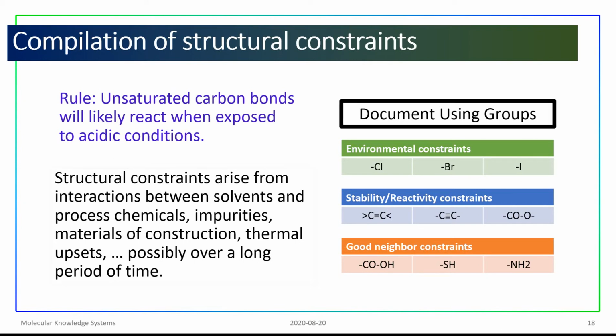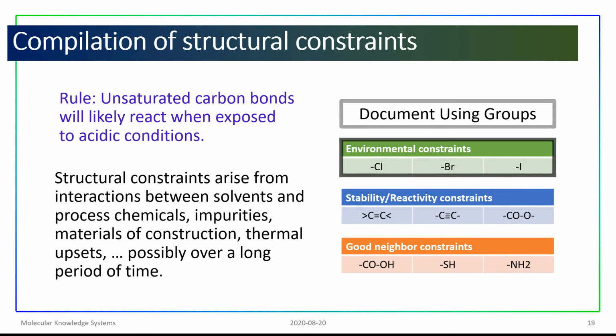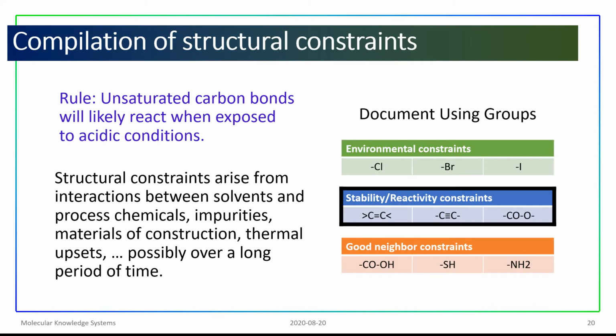The best way we have found to document this decision process is by using groups, functional groups. For example, at times we may wish to eliminate solvents containing certain functional groups for environmental reasons. Solvents containing chlorine, bromine, or iodine are sometimes undesirable. Solvents containing certain functional groups may be eliminated because of stability or reactivity constraints.